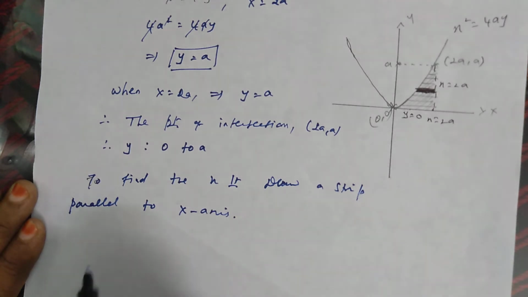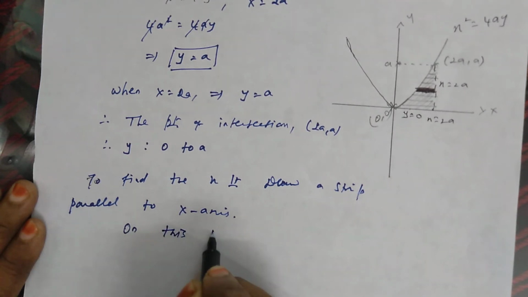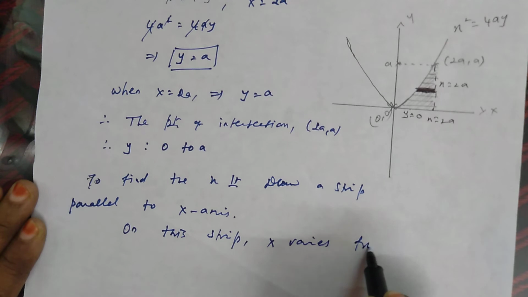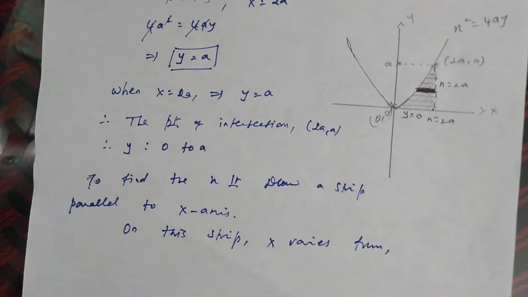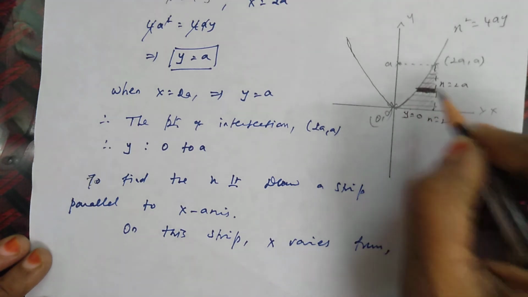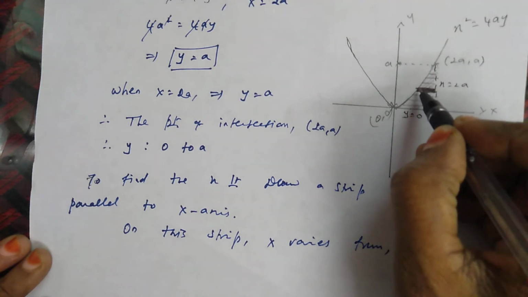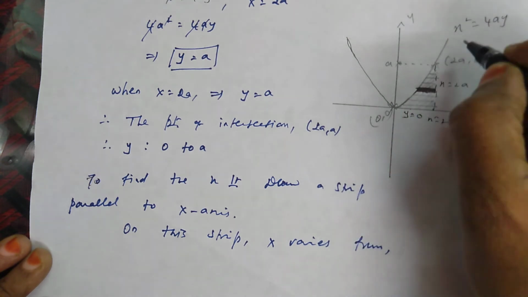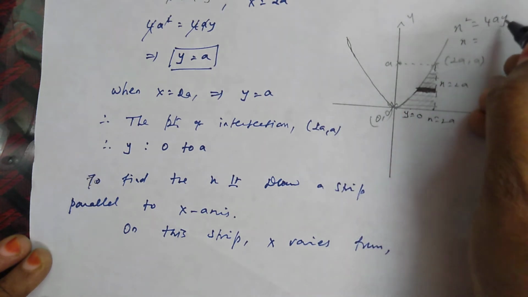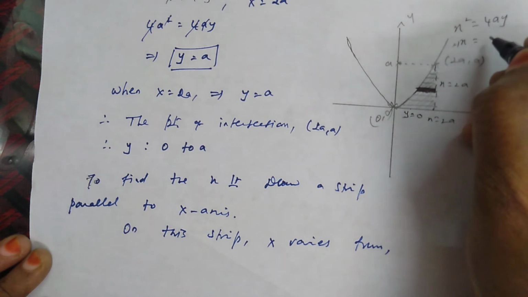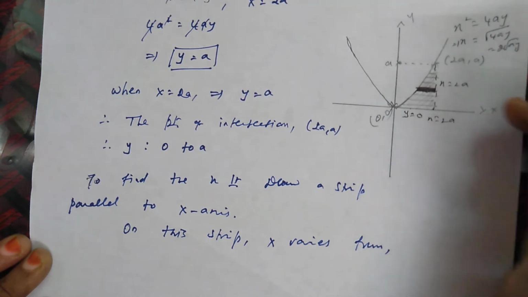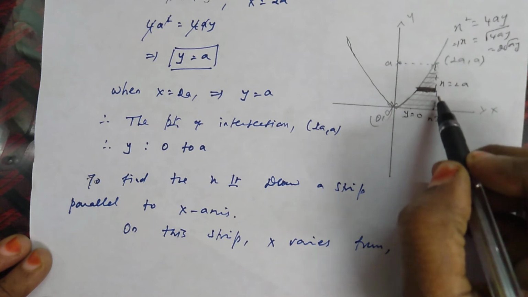On this strip, x varies from, look at the diagram. In this diagram you take the strip like this. If you start from here, from this point on this curve, x square equal to 4ay, which implies x is equal to root of 4ay, that means x is equal to 2 root ay, and it ends at the point x is equal to 2a.